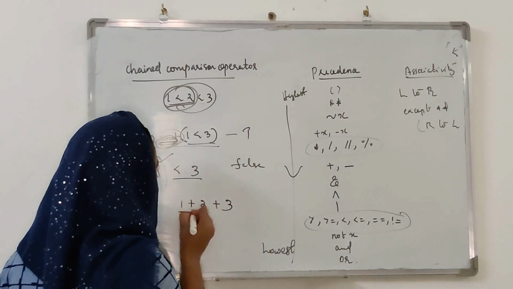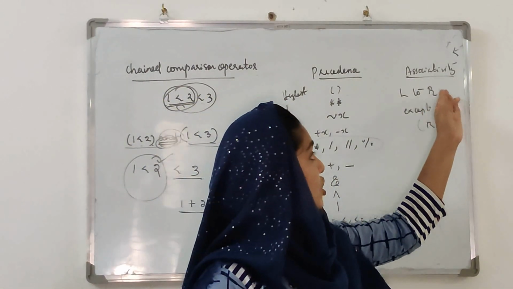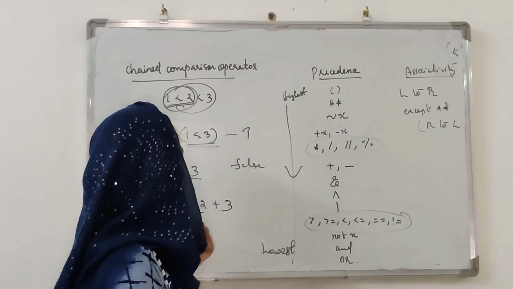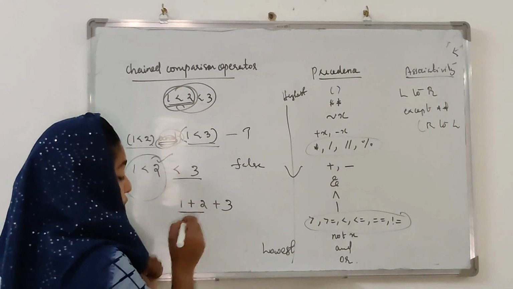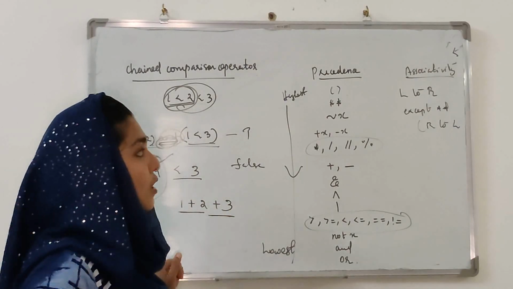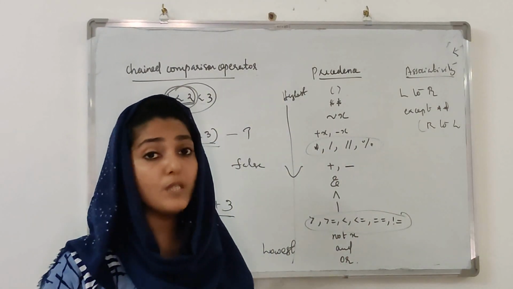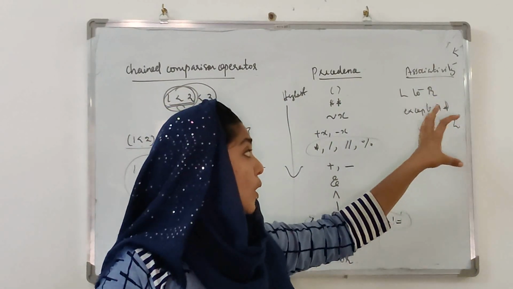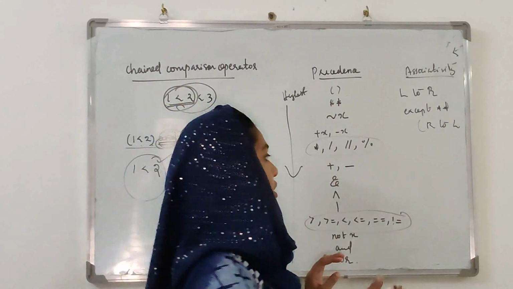First of all, all the operators except exponentiation are left to right associative. So 1 plus 2 plus 3 means first of all 1 plus 2 needs to be evaluated, then only the next part will be evaluated. Why? Because all the operators except exponentiation are left to right associative. The only operator which is right to left associative is exponentiation.